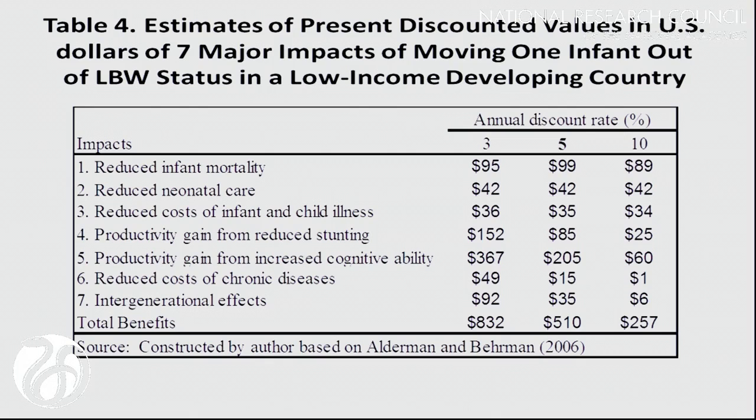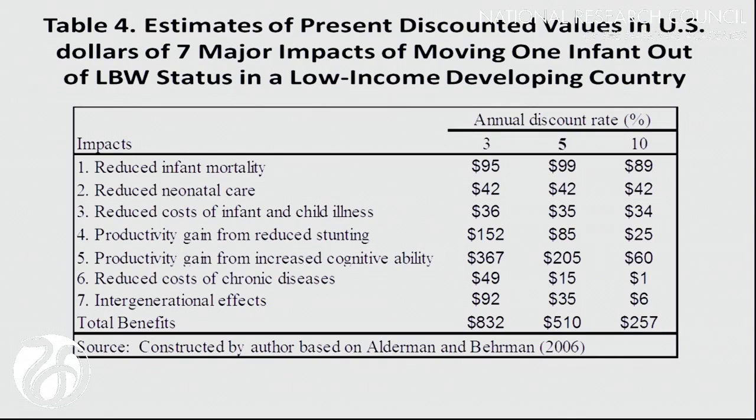I guess the first point, if we take the intermediate, the 5%, the value of doing so is something like $510, but notice how this is much larger if, say, a 3% discount rate is appropriate, or much smaller if a 10% rate is appropriate.